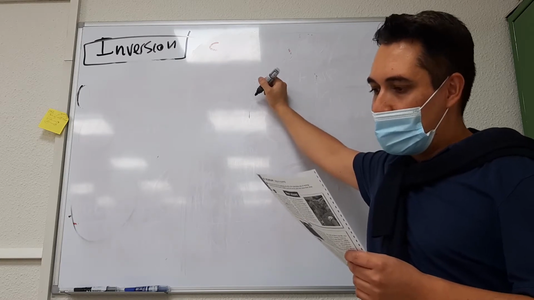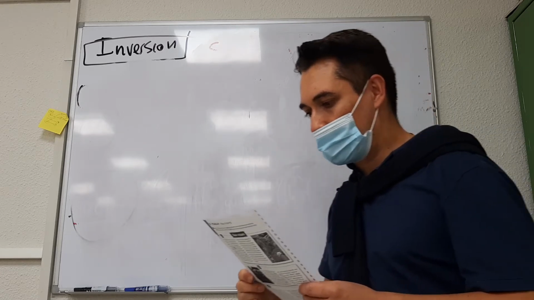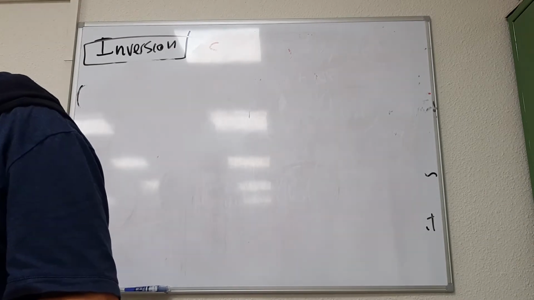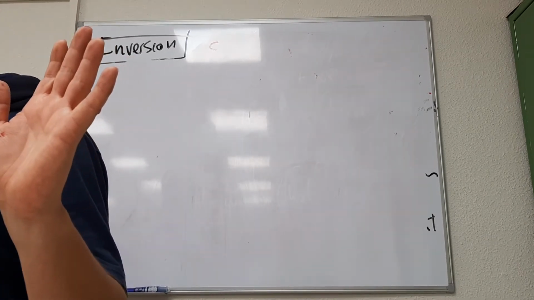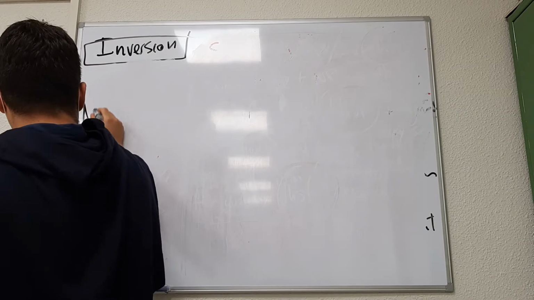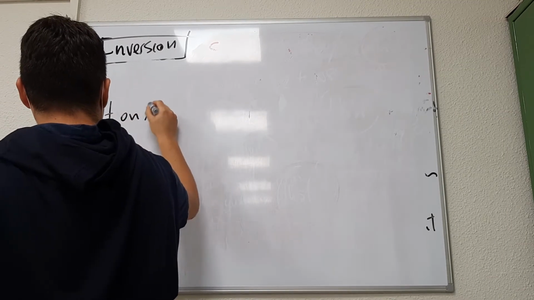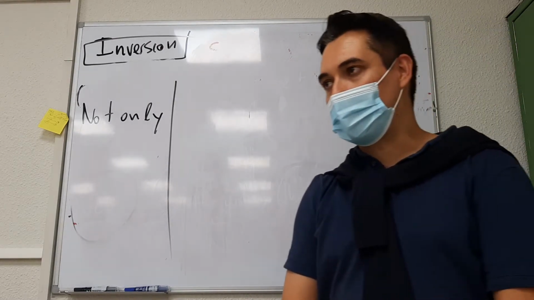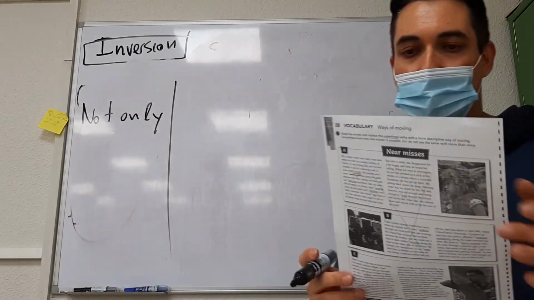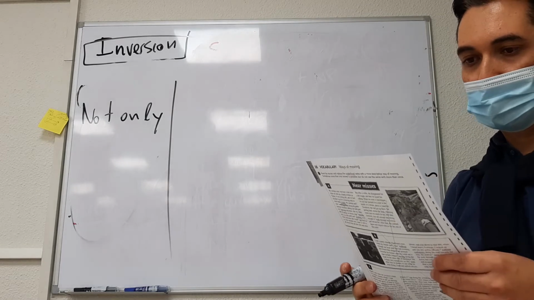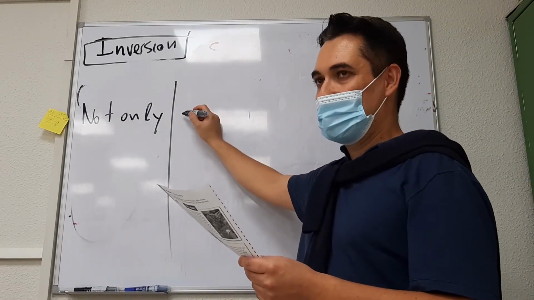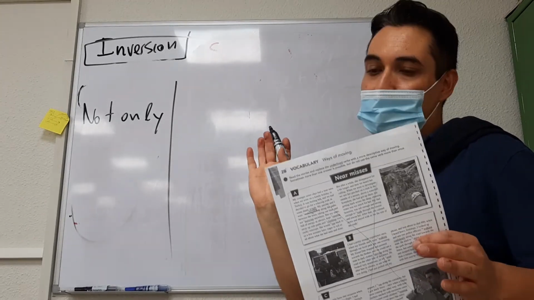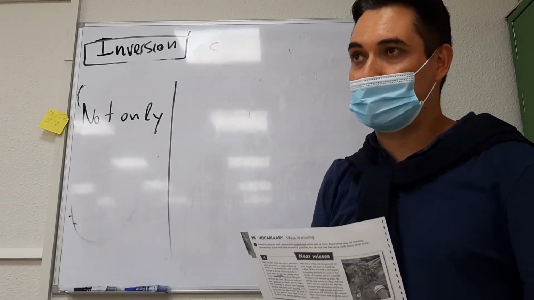Okay, he won an Oscar. Normal English. He won an Oscar, but not only that, he became a legend. He won an Oscar, but not only that, he also became a legend.